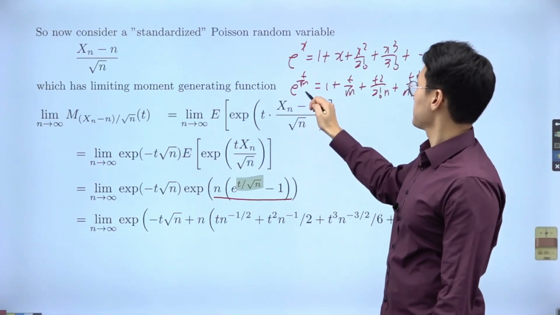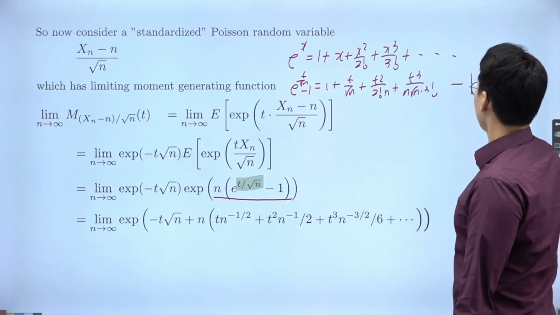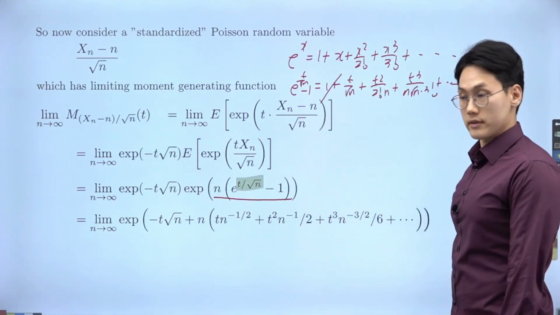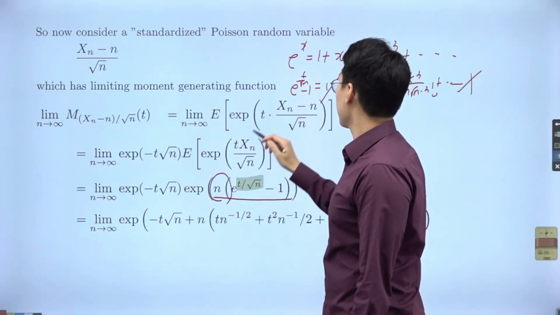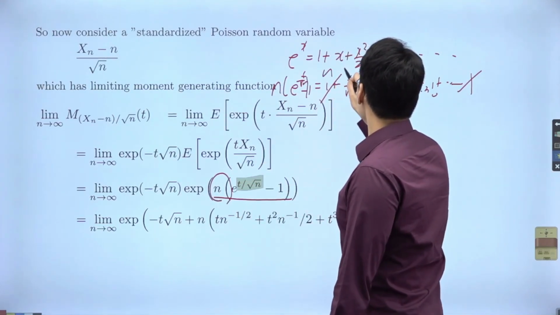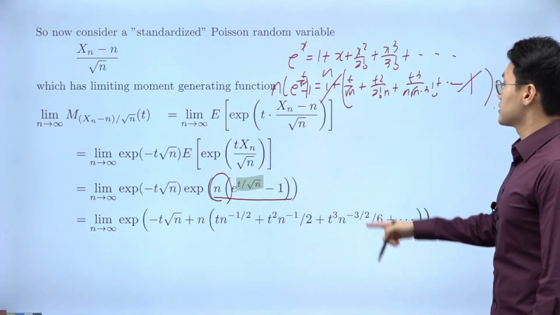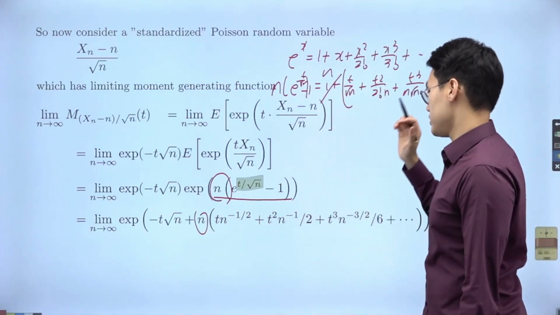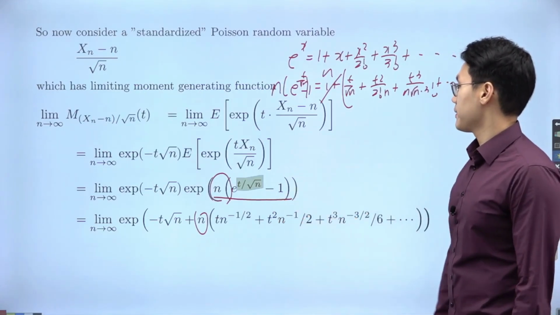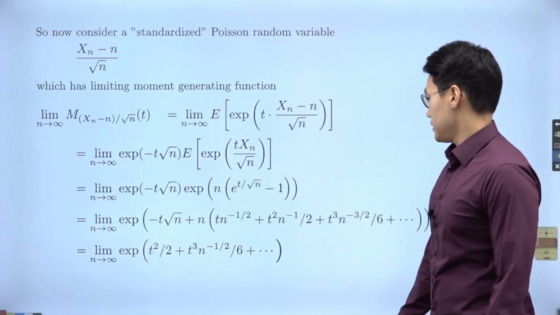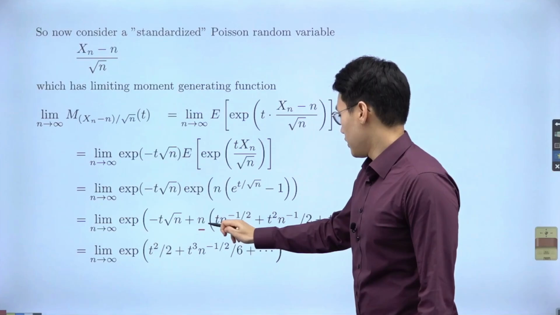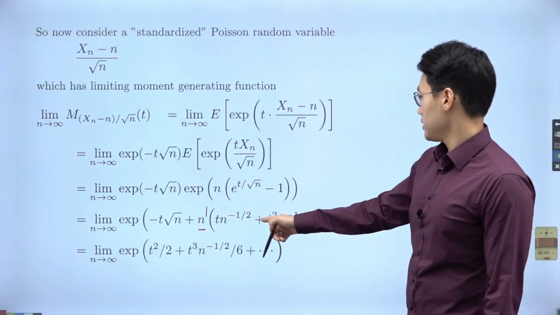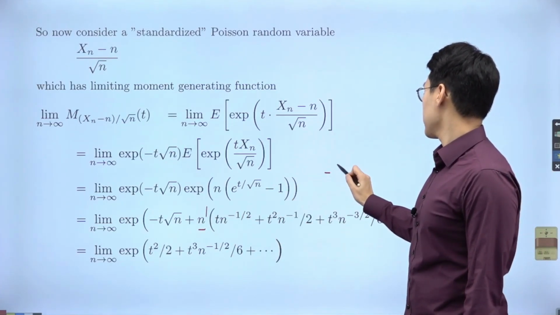But I'm subtracting by 1, so the 1 cancels out. Not only that, I'm multiplying by n, you see? We haven't multiplied yet. But if you did, my friend, what you get is, with this power of 1, negative t root n.